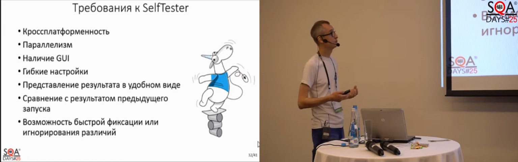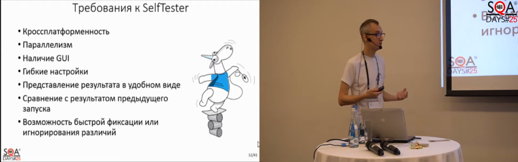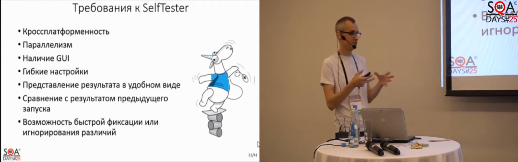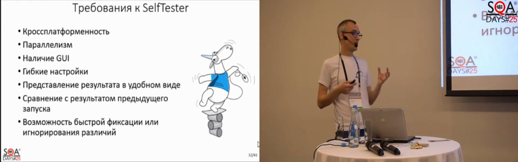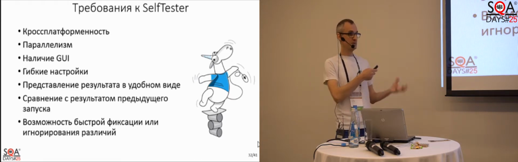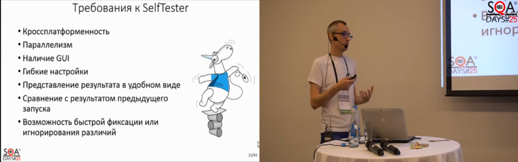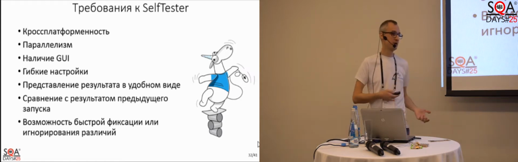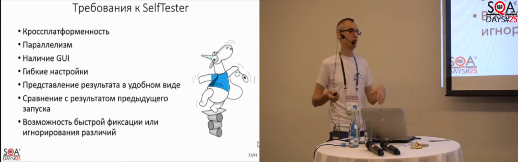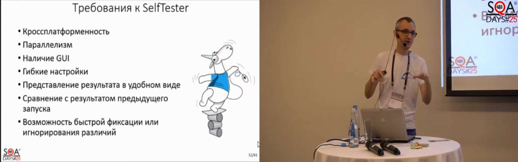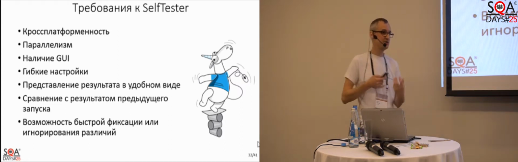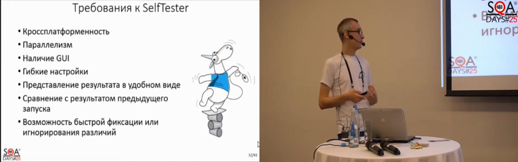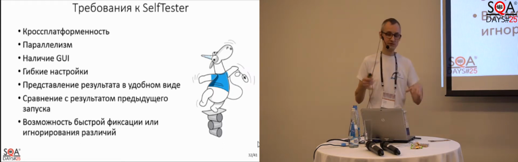It has a lot of requirements. The most important thing is that it should give an opportunity to compare results with the previous results of analysis, and then the programmer can see what has changed, because he makes changes, writes new diagnostics, improves old diagnostics, creates new constructions of language. And we need to see how the analyzer behaves after the changes.